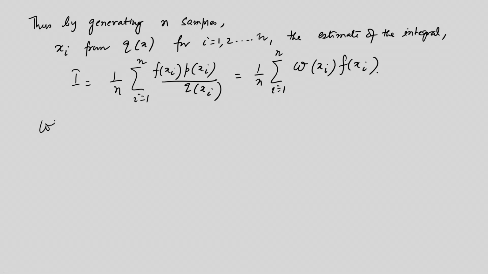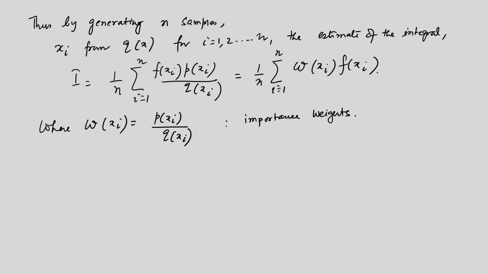And where w of x_i, that is a smaller w, is p of x_i divided by q of x_i. These are the importance weights.